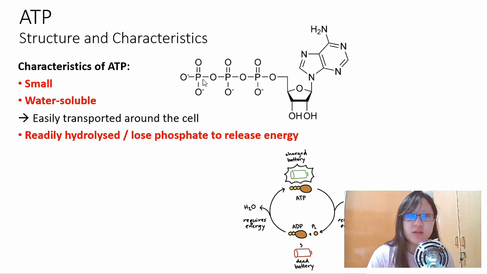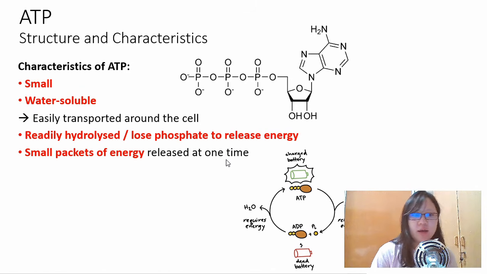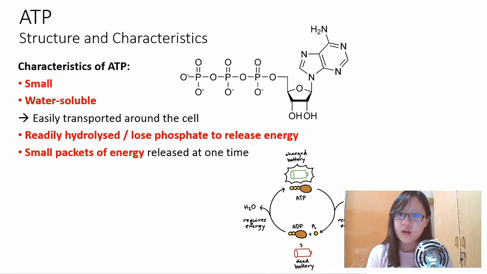When these phosphate groups are broken, or these phosphate groups leave the ATP, energy is released. And not a large amount of energy is released at one time, but small packets of energy are released at one time. Every time you break a phosphate group, a little bit of energy is released.